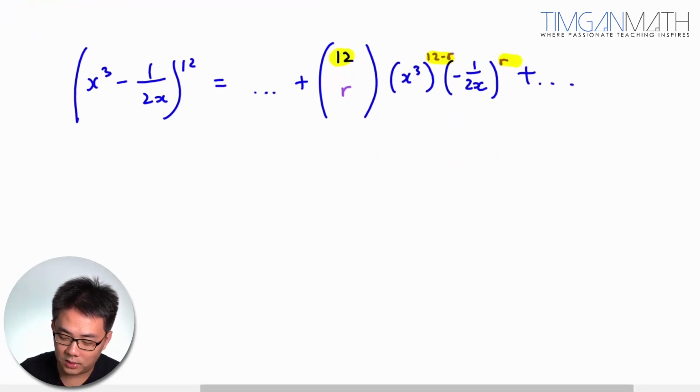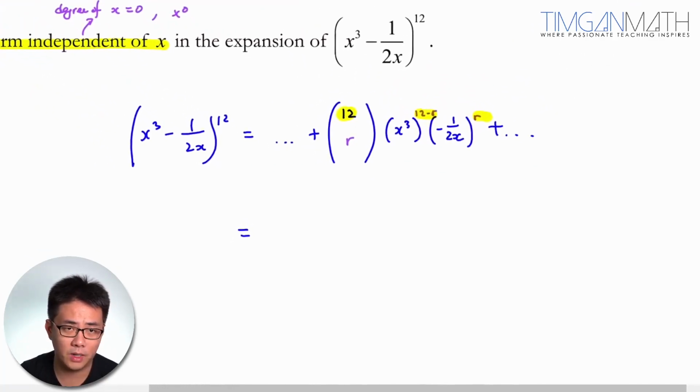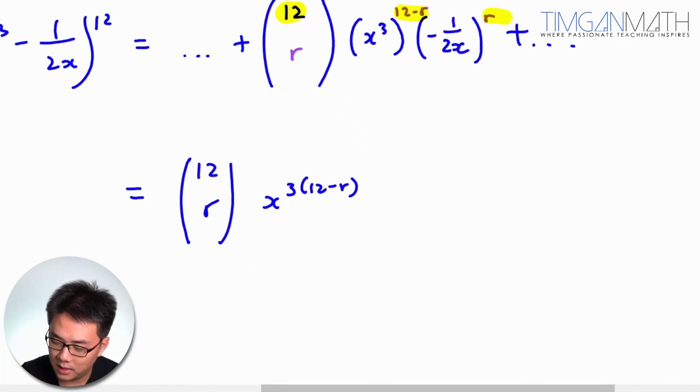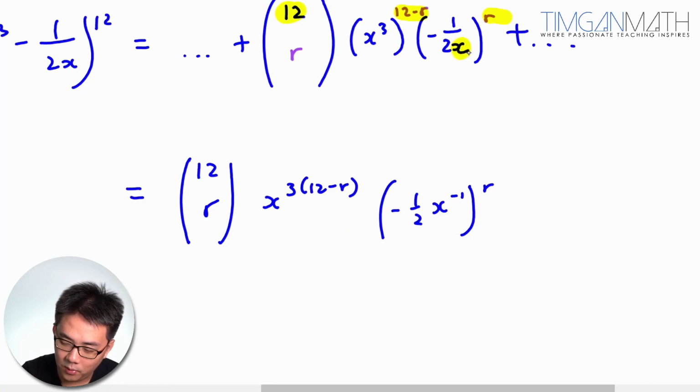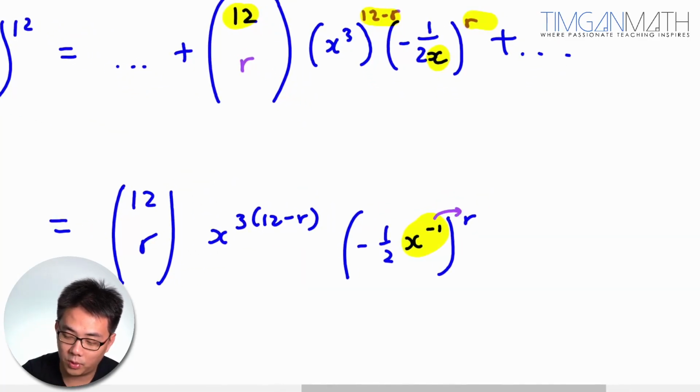Now I want to slowly express this in terms of r. So this will be 12 choose r, x cubed to the power 12 minus r. This is indices. Then this will be negative half. Be careful, this part here is where sometimes students have problems. As you move x upwards, it will be x to the power negative 1, and the r applies to both the negative half and the x to the power negative 1.